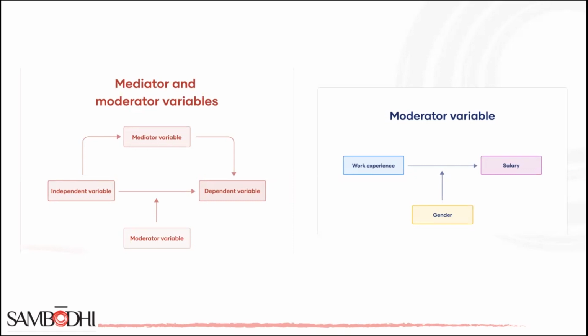Example of mediator variables. In a study of socioeconomic status and reading ability in children, you hypothesize that parental education level is a mediator. This means socioeconomic status affects reading ability mainly through its influence on parental education levels. You use a descriptive research design for the study.